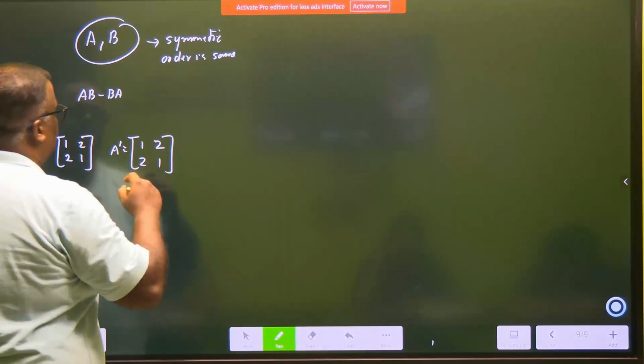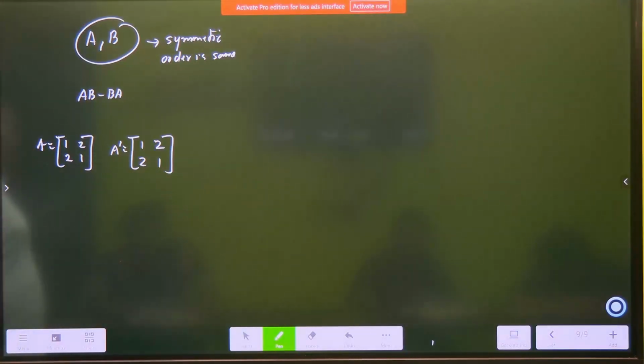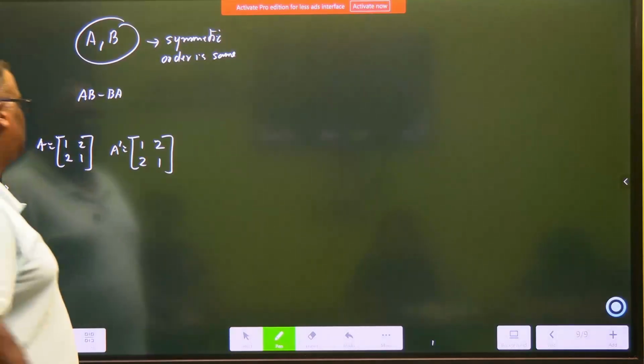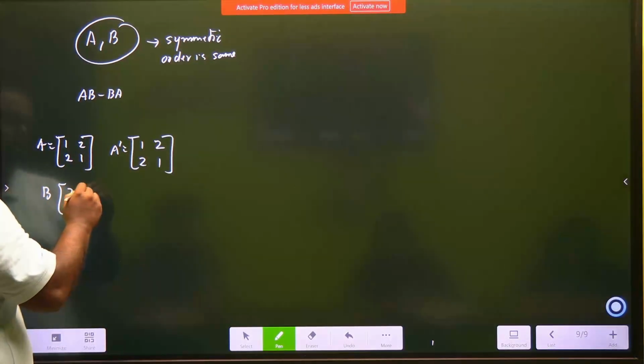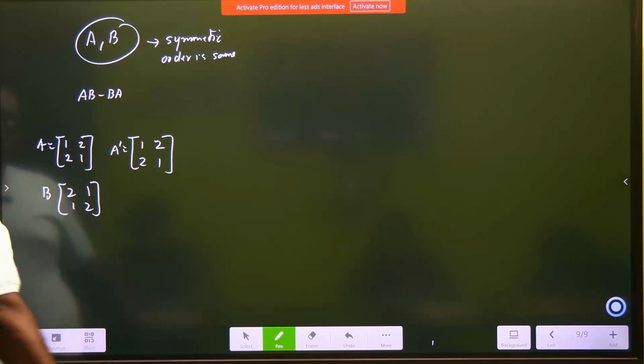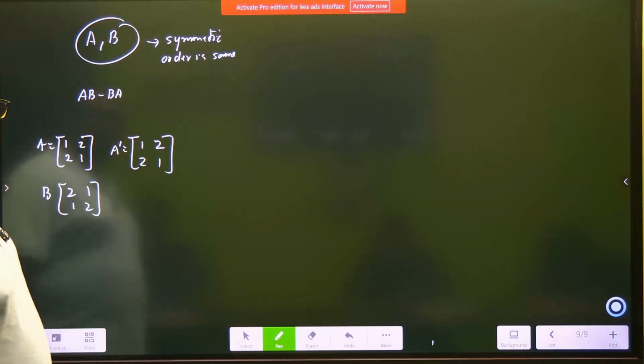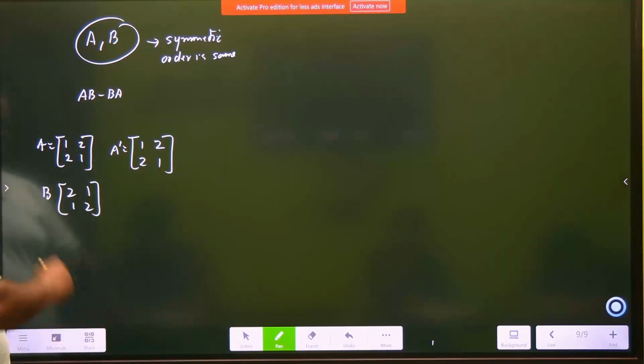That means this is typically a symmetric matrix. A is a symmetric matrix. Then take B also as a symmetric matrix. B can be 2, 1, 1, 2. This is also a symmetric matrix. Now just do AB.